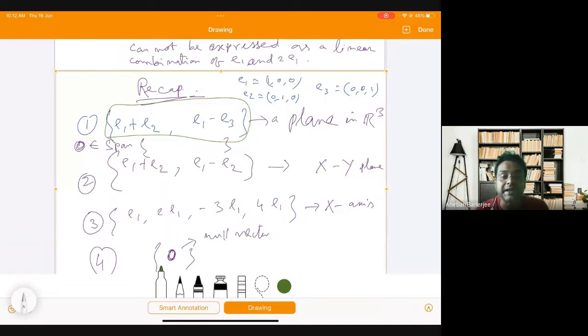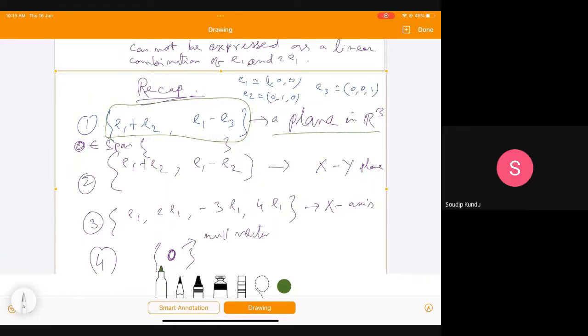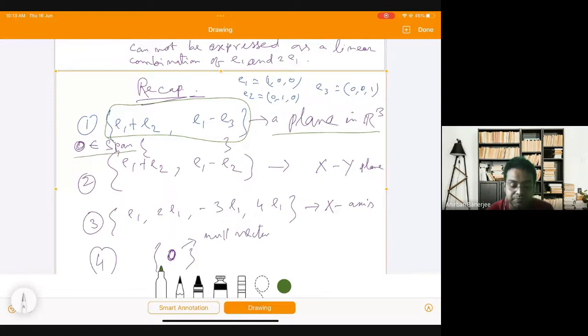So what will be the span of this set? It will be a plane in R3. Fine. The plane can be a subspace, but what is the condition that a plane in R3 will be a subspace of R3? It has to pass through 0. Right. That means the null vector should be inside that set.